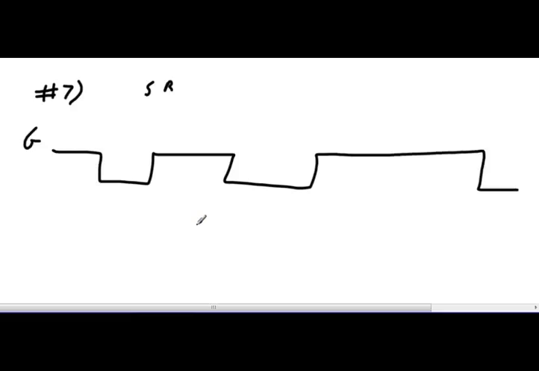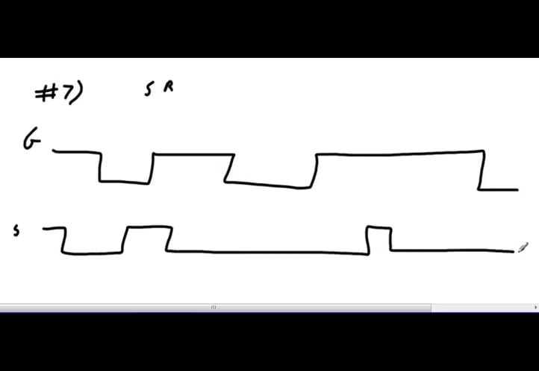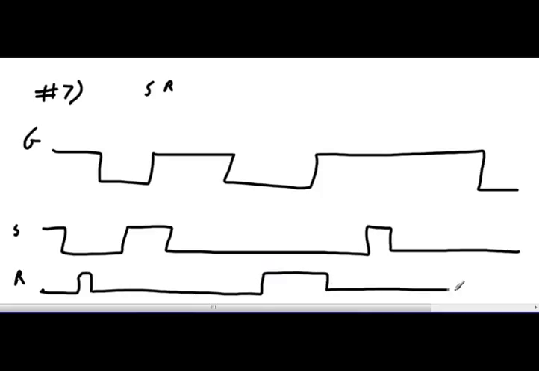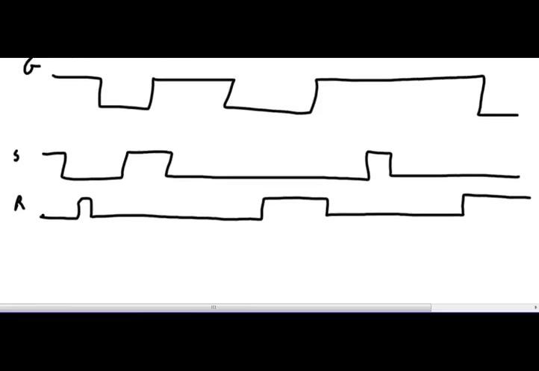I got some S guy, and he's going to start high, and then he goes up and down there, and he goes up and down here, and then I've got some R guy, and the R guy goes up and down there, and he comes over here and goes up and down there, and he comes over here and he goes up and stays up. Okay, so now we gotta draw a graph of Q.